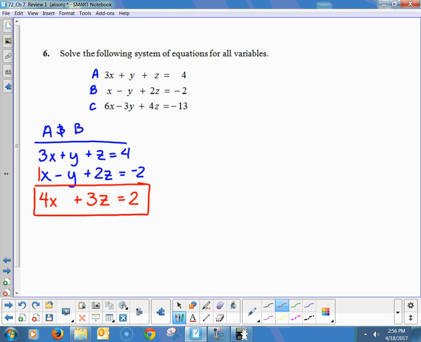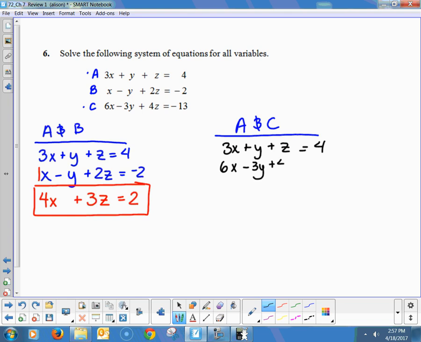So I've got this equation. I'm going to hold on to it and pick two other equations to eliminate the y's. So now I'll pick, say, A and C. So A and C. Again, I'll write down those equations. A is 3x plus y plus z equals 4, and C is 6x minus 3y plus 4z equals negative 13. So the y's will eliminate if we take the entire top equation and multiply both sides by positive 3.